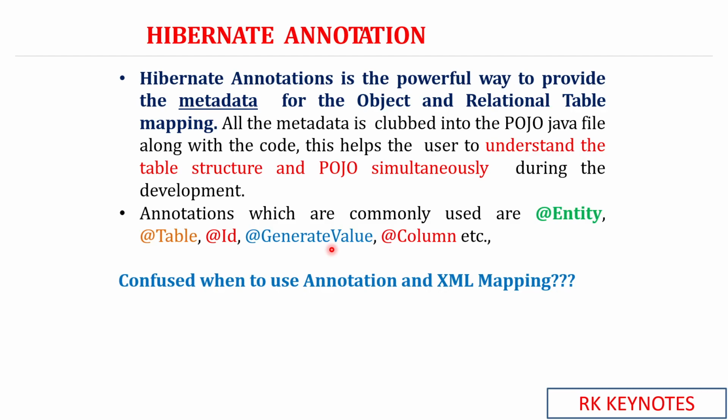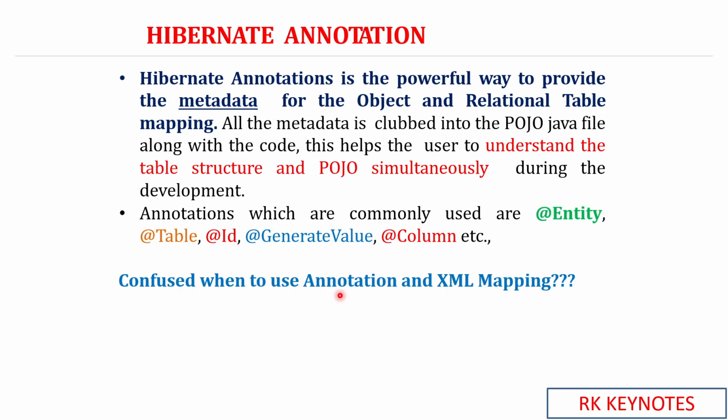Like if you keep ID as auto increment, then the value should get generated, right? It is generated value, okay? And then @Column, in the sense which column from the table you need to map to the variable, that you have to specify. There are a lot more annotations, but these five annotations are the most important.